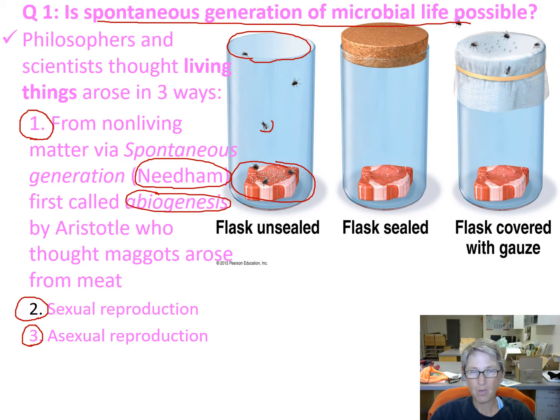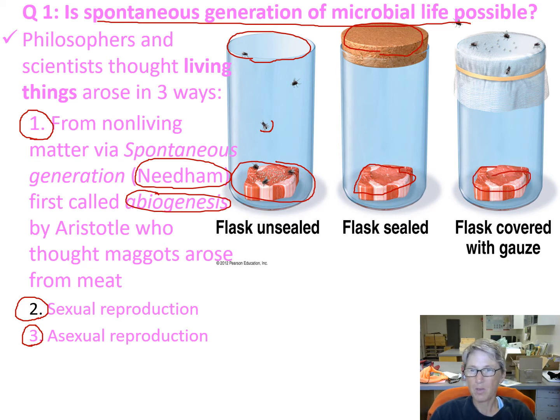So if he just did this experiment, he'd say, oh yeah, Aristotle is right. Here is another flask with meat inside, and it's got a cork top. The flask was sealed, and no maggots came about. Then he did this really cool experiment where he put the meat in the flask as usual.